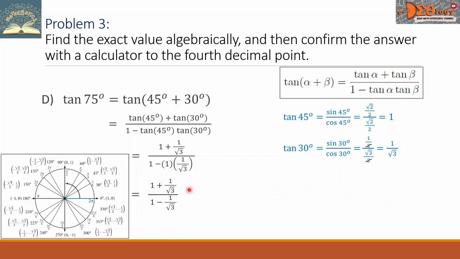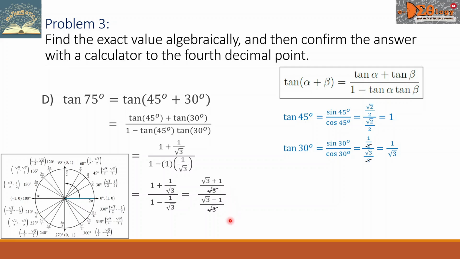For this numerator, we can rewrite this as square root of 3 plus 1 all over square root of 3, all over. In the denominator, we can rewrite this as square root of 3 minus 1 all over square root of 3. From here, we can see that the square root of 3 as denominators are equal, so we can cancel.